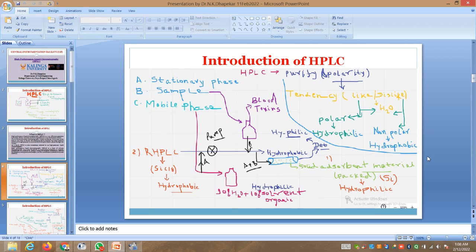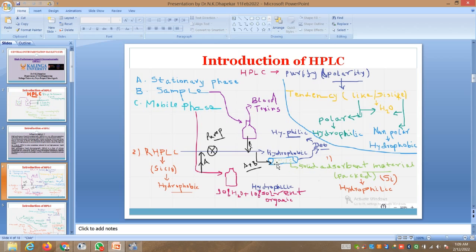If a compound is attracted and develops a bond, we call it hydrophilic. If a compound dislikes water molecules and bonding doesn't take place, it's hydrophobic. We may call it non-polar compounds. So the principle is based upon polarity.